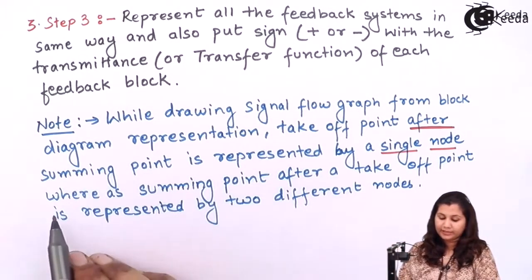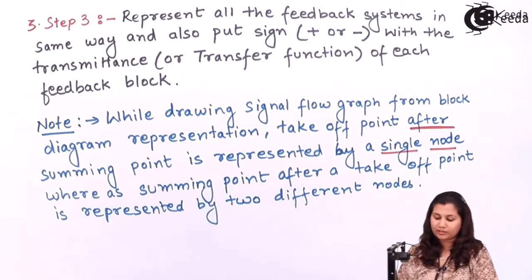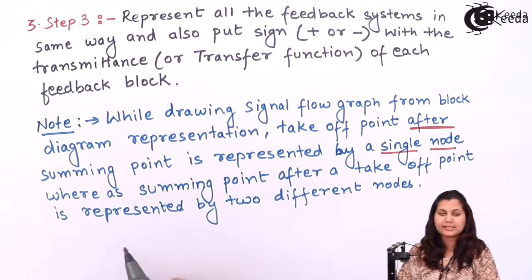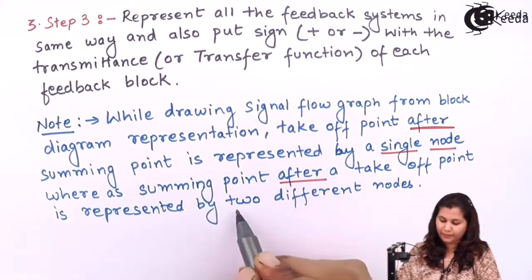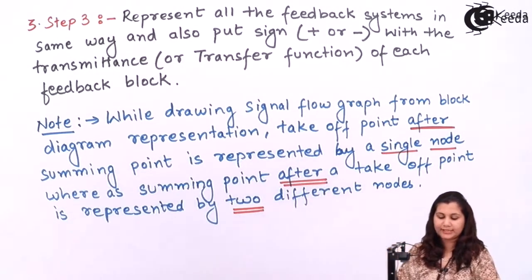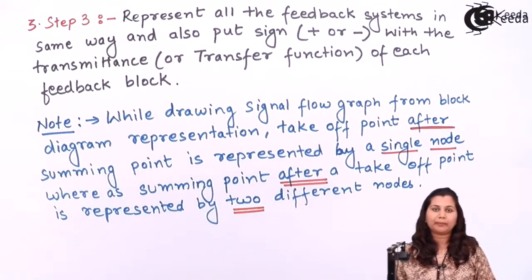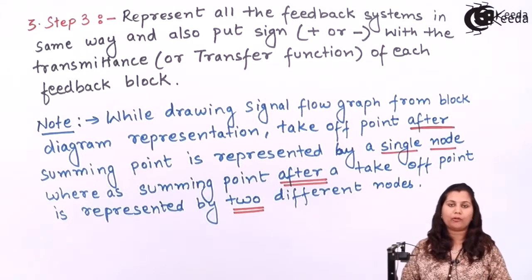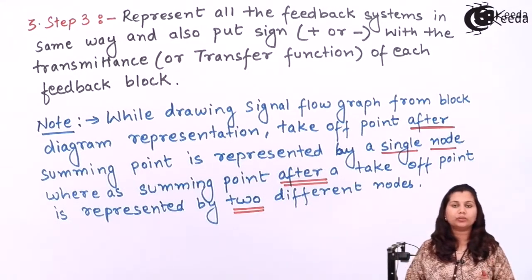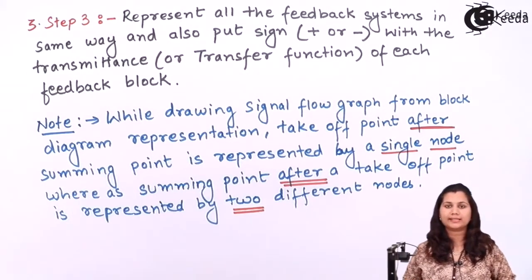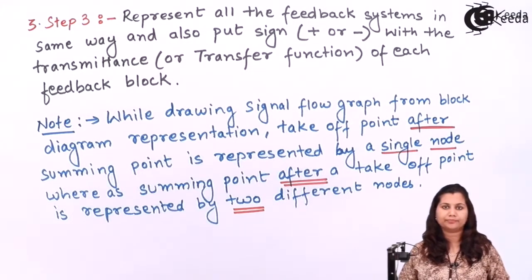But if the summing point comes after a takeoff point, it is represented by two different nodes. So keep these points in mind whenever you are converting a block diagram to a signal flow graph.